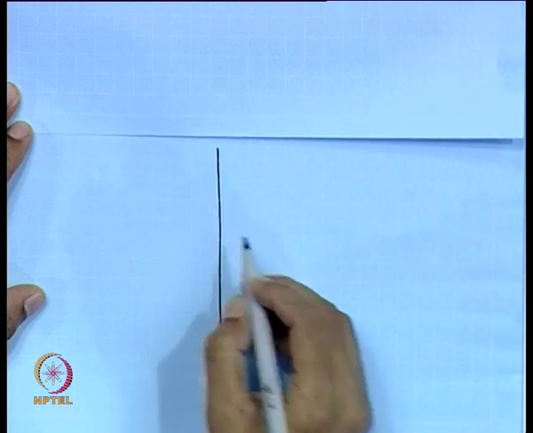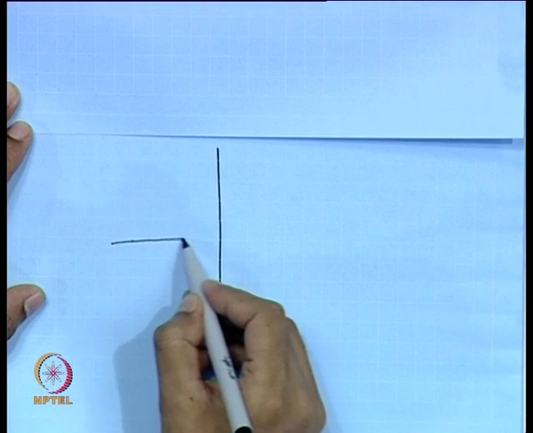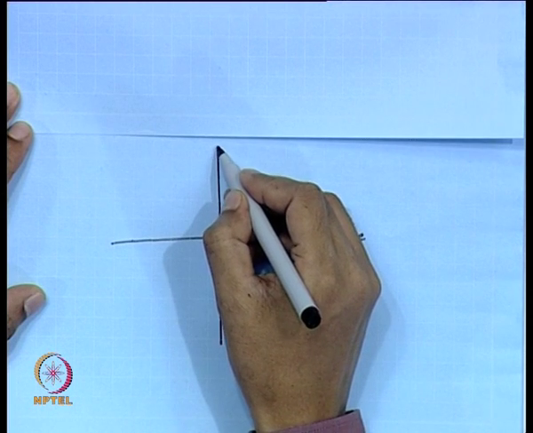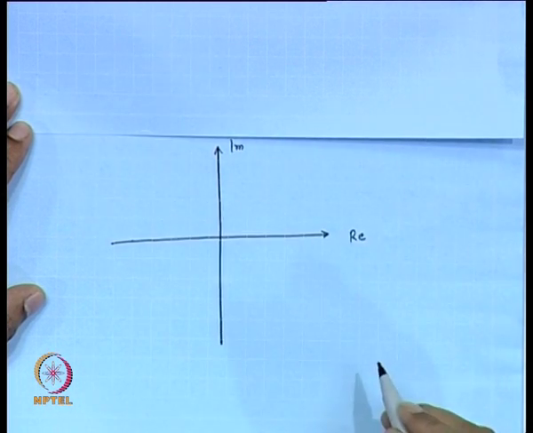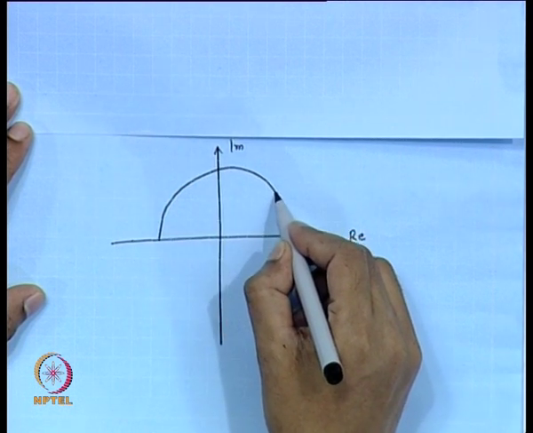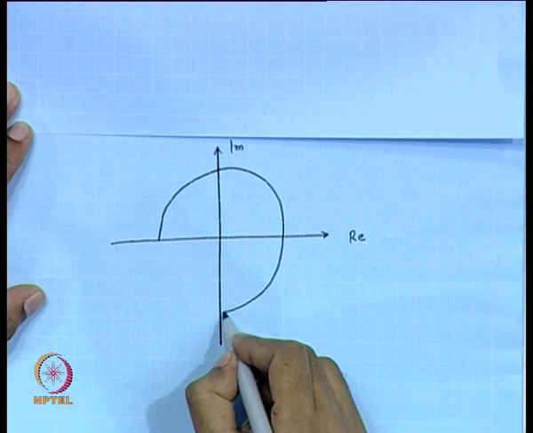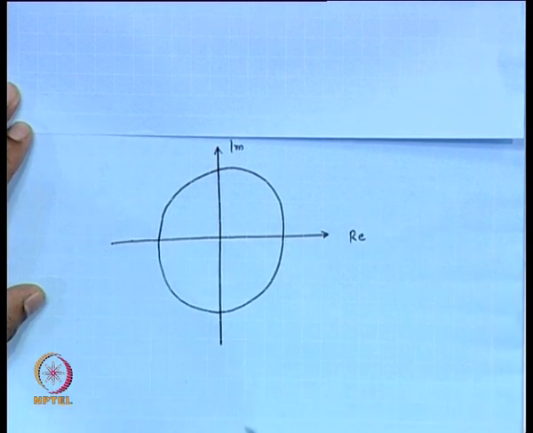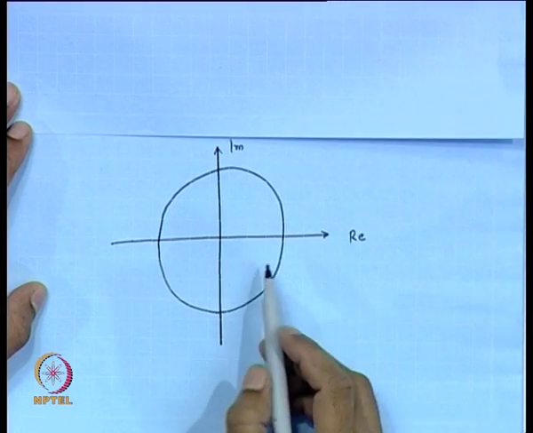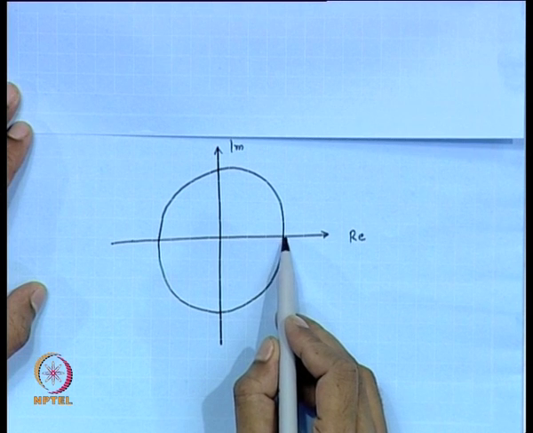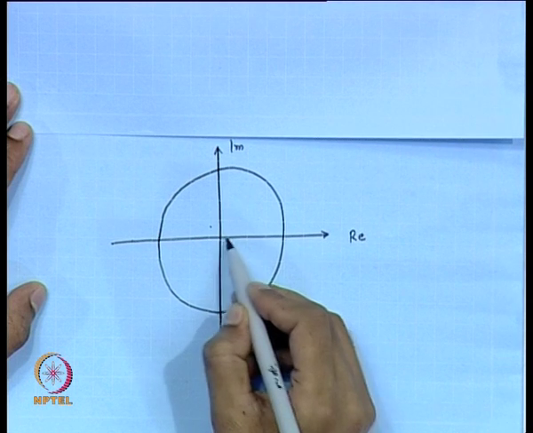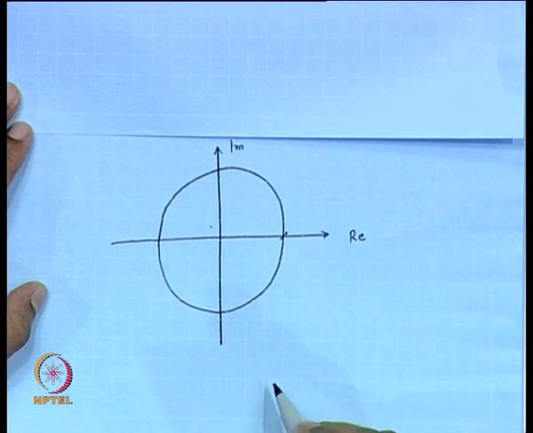what will be the polar plot? This is real axis, this is imaginary axis. So, first we will draw the unit circle. This is the unit circle. Amplitude ratio 1 means this point represents 1.